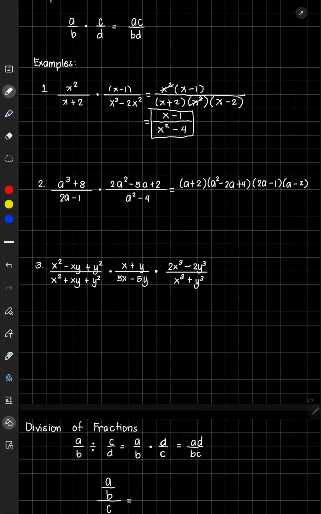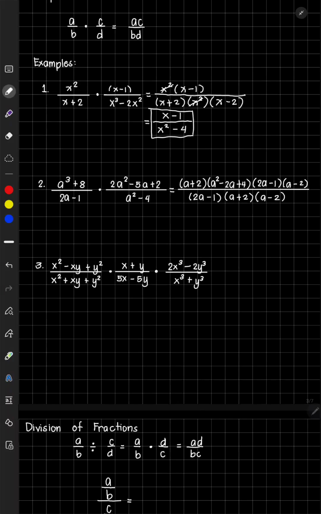So for the denominator, for 2a minus 1, there's no factor for that, so that is the simplest. So let's just write 2a minus 1, while a squared minus 4 has a factor of a plus 2 multiplied by a minus 2.